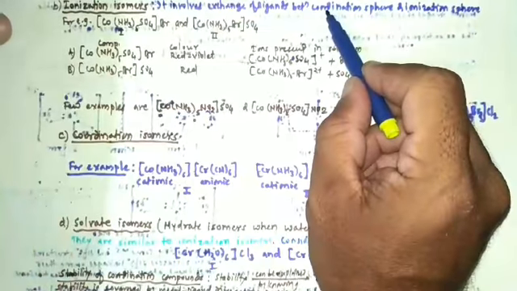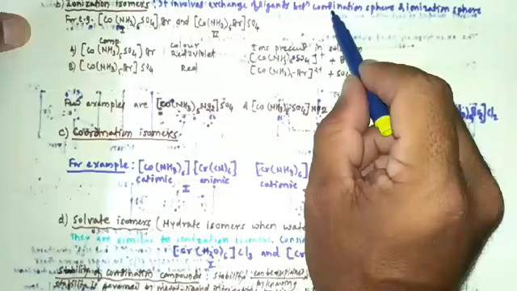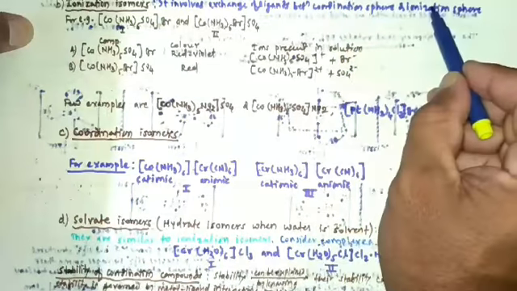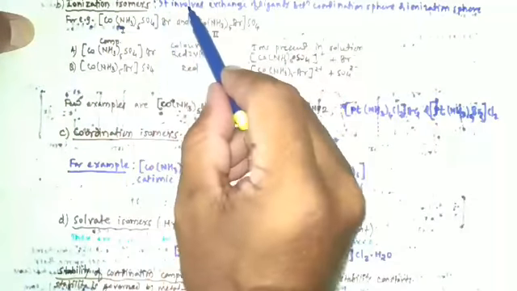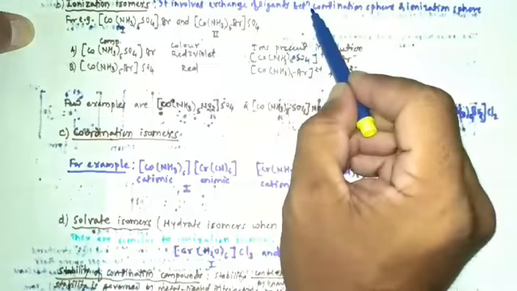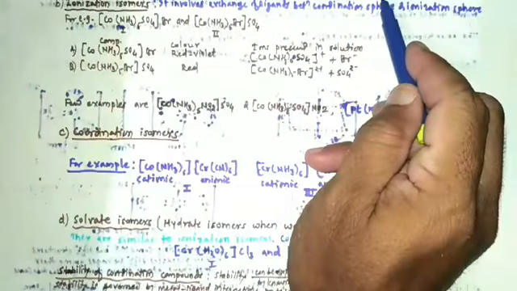While studying terms involved in coordination compounds, we studied two spheres, the coordination sphere and the ionization sphere. So ionization isomerism involves exchange of ligand between the coordination sphere and the ionization sphere.